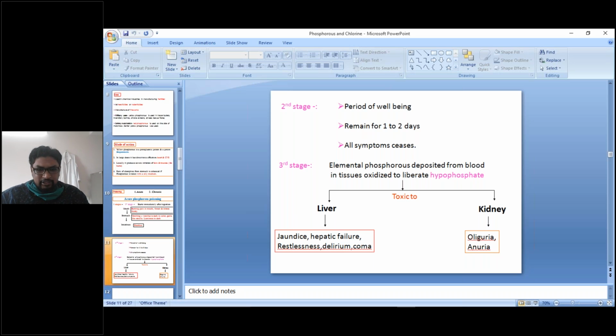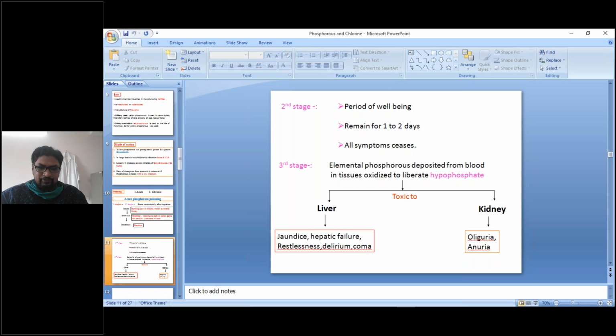And next comes stage 3, where the elemental phosphorus deposited from the blood in tissues is oxidized to liberate hypophosphate. Very, very important. This hypophosphate is what is toxic mainly to the liver and then to the kidneys.